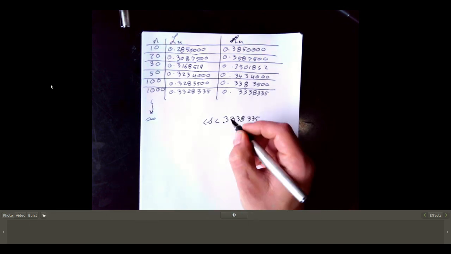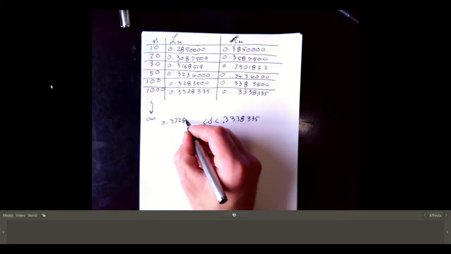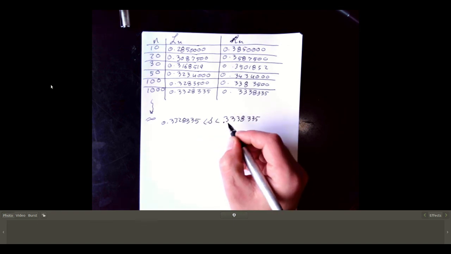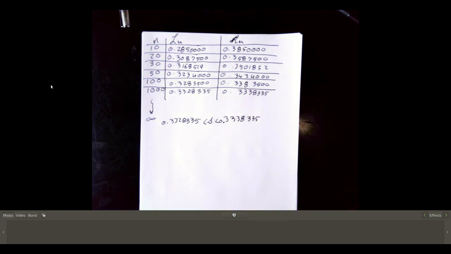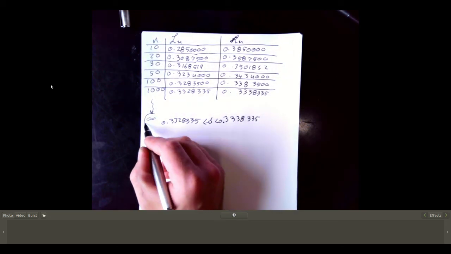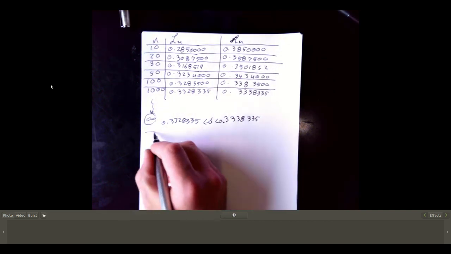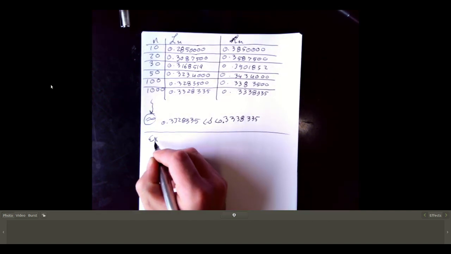0.3338335 and 0.3328335. But we can do even better than this, and this is our idea as we let n go to infinity. And in fact, for example 2, we're going to do just that.